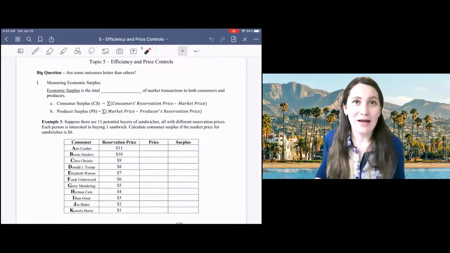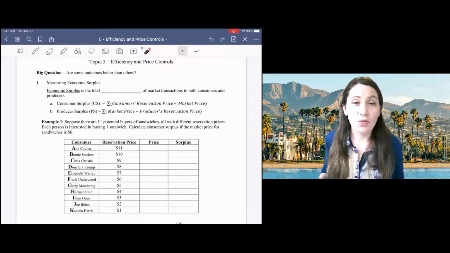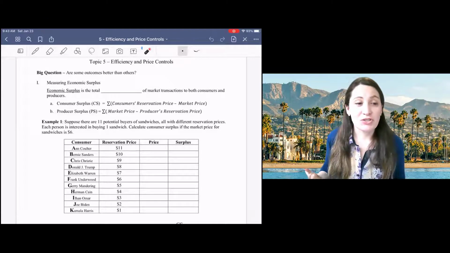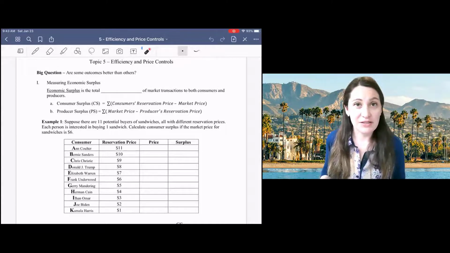We'll start out by introducing economic surplus, which is a measure of efficiency within a market. So when we measure surplus, we're measuring the value of market transactions to different groups and to society as a whole.